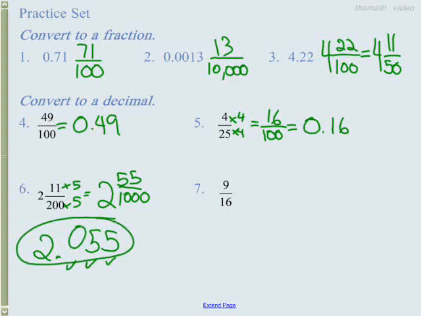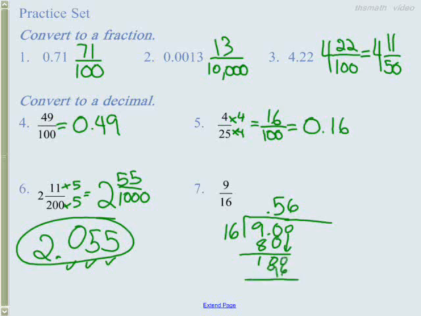And the last one is an unfriendly fraction. I'm going to divide 9 divided by 16. 16 goes into 90 5 times. 16 goes into 100 6 times. 16 goes into 40 twice.